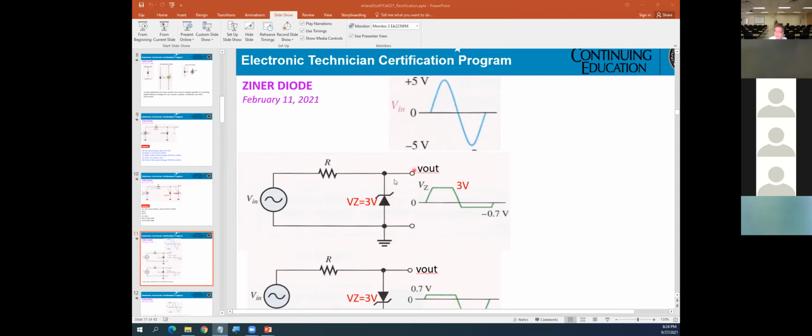So that's why V out is negative. The battery right here: the top portion is the negative part and the bottom portion is the positive. Okay, I get you. Thank you. You're welcome.